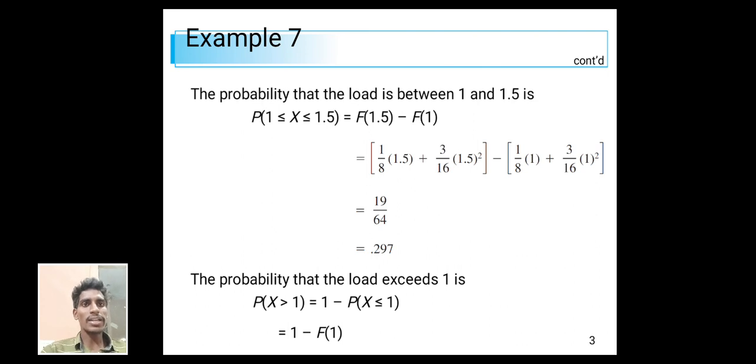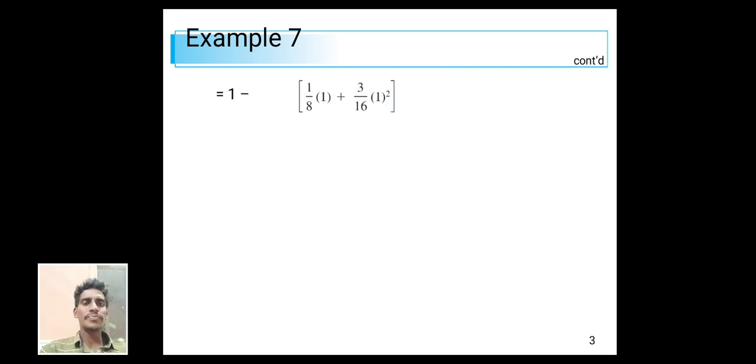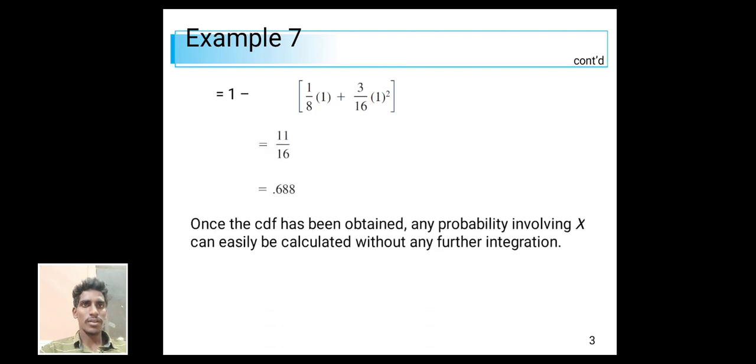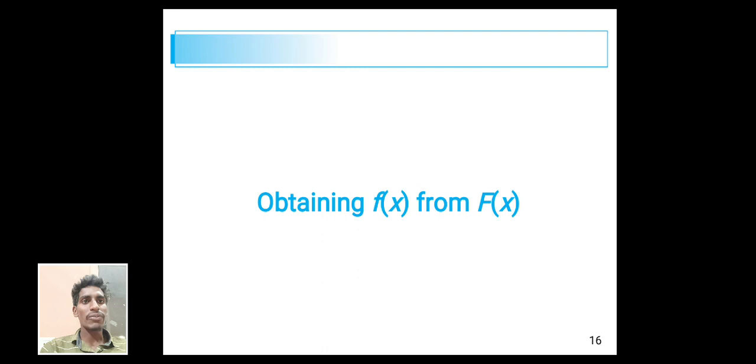The probability that the load exceeds 1 is P(X > 1), which equals 1 minus P(X ≤ 1), which is 1 minus F(1). Once this cumulative distribution function has been obtained, any probabilities involving X can easily be calculated without any further integration.